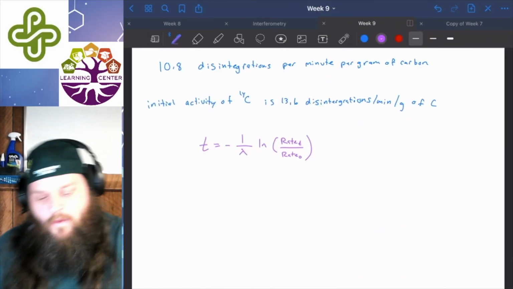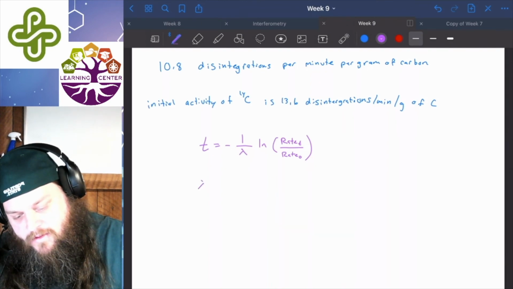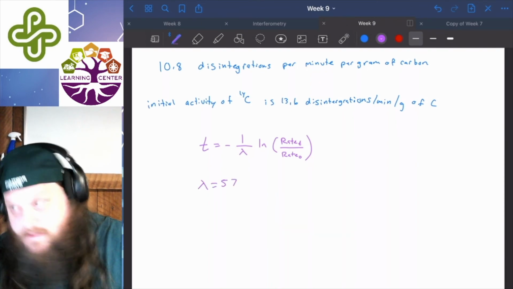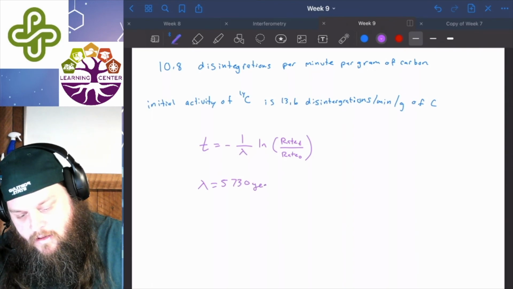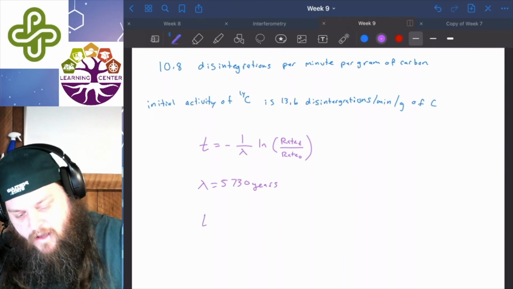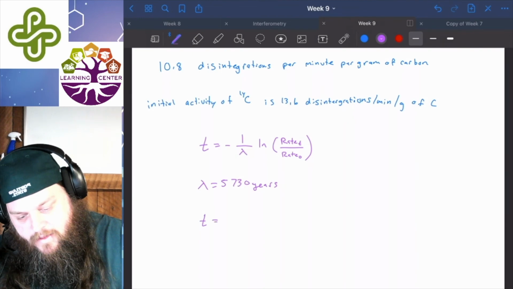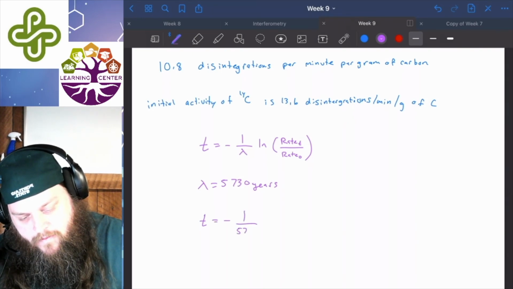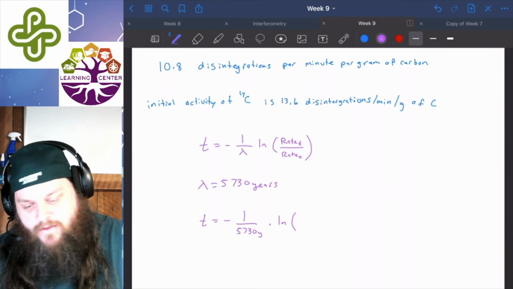So going back, we know our lambda is, so that's lambda is equal to 5,730 years. So our time, or how old this thing is, is then going to be equal to negative 1 over 5730 years times the natural log of the fraction of these rates.